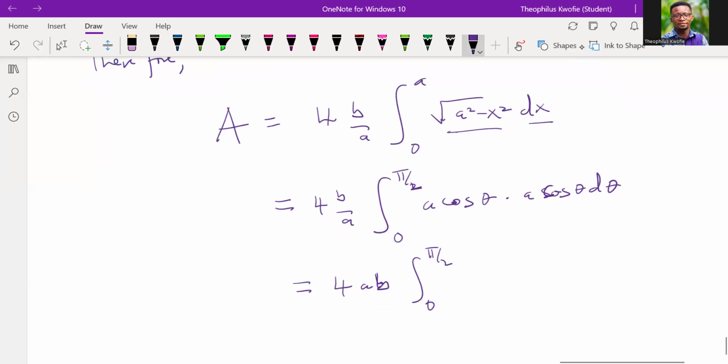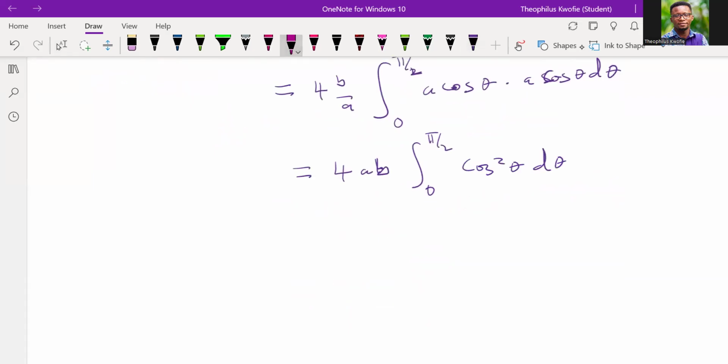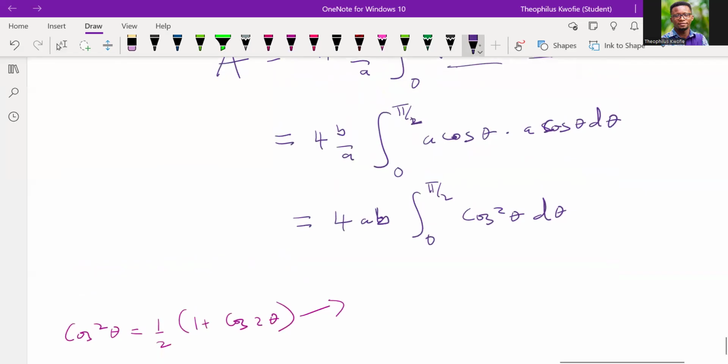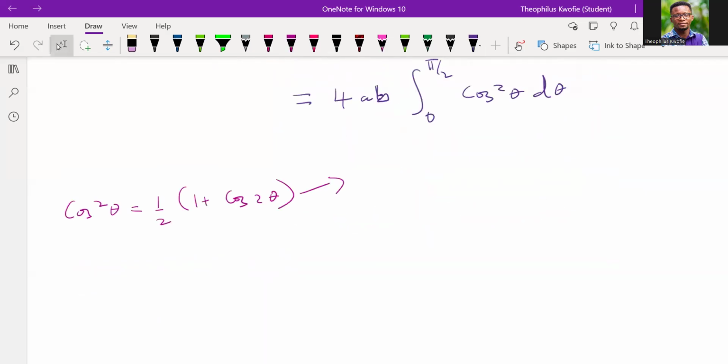Now, in trig, we learned that cosine squared theta is the same as half of 1 plus cosine 2 theta. So we want to employ the same idea here. By doing so, our area should be equal to what?